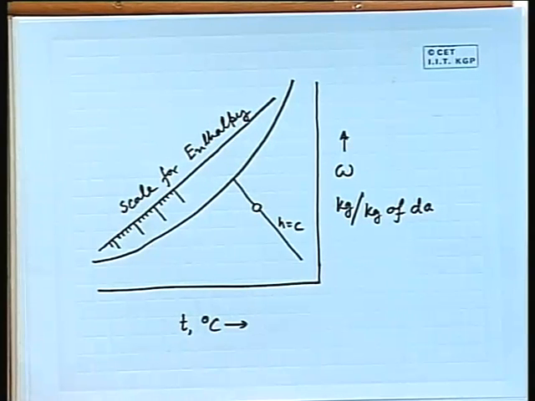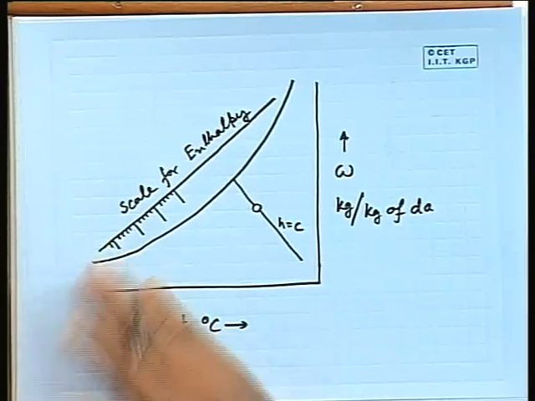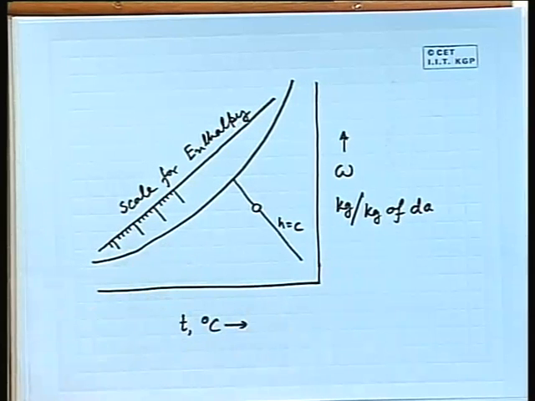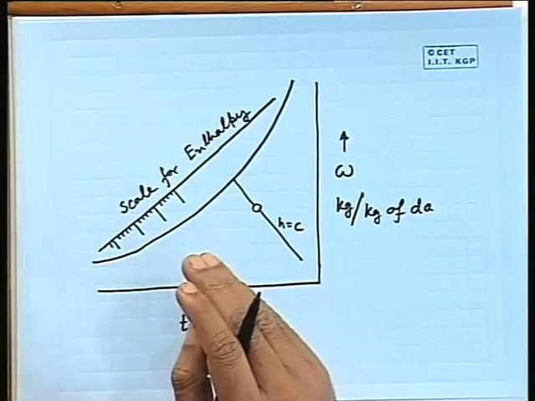Now, what is interesting to note is that in a psychrometric chart we will also have constant wet bulb temperature lines, all right. You will find that constant wet bulb temperature lines and constant enthalpy lines are almost coincident. There is a very small angle between these two lines.